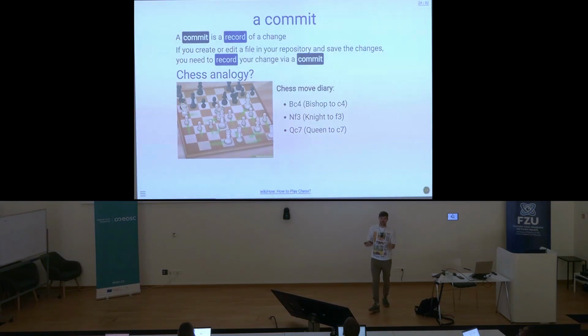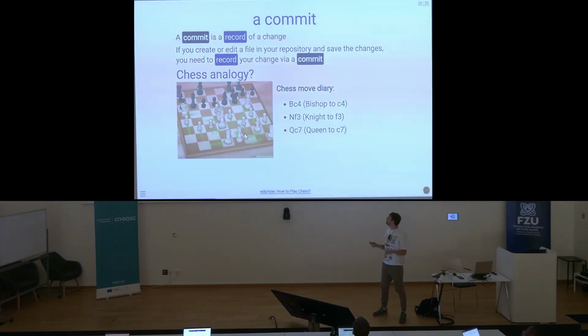Raise your hand if you saw Queen's Gambit on Netflix. Okay, raise your hand if you play chess. A few people play chess. In chess, for those who don't know, there's something called a chess move diary, and it was seen in the TV series. Basically, when they move a figure, then you write something down on paper.